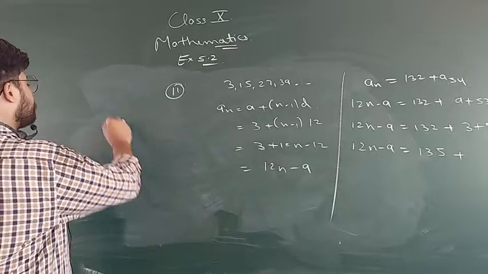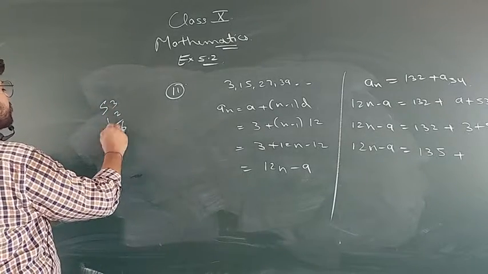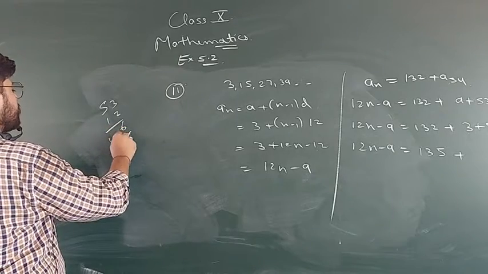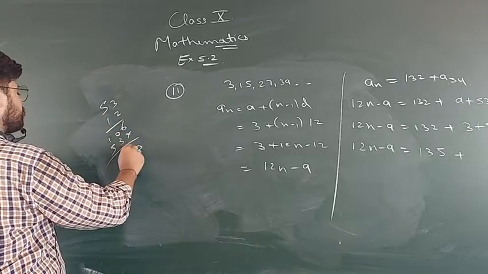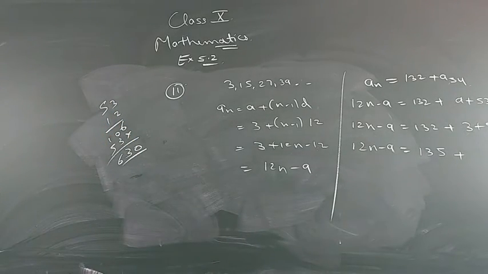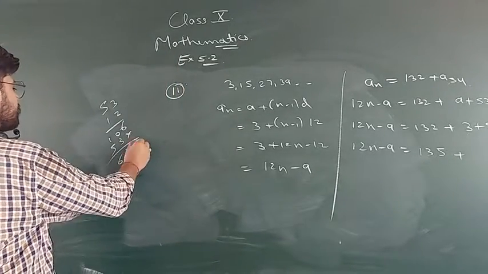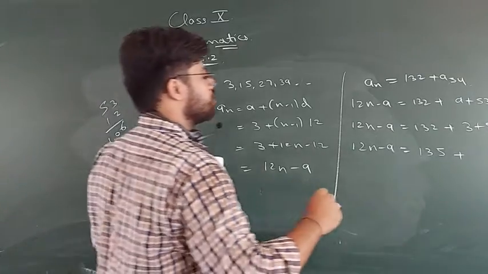We have to do 53 into 12. 3 2s are 6, 5 2s are 10, then 3 and 5, 636.